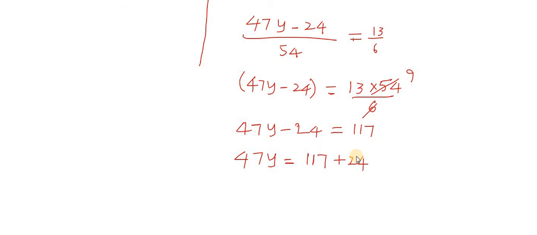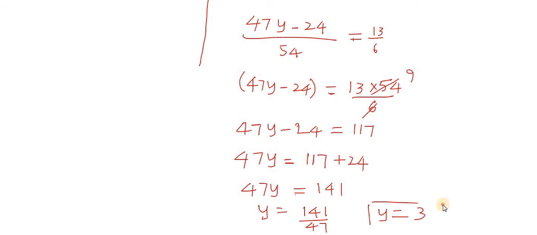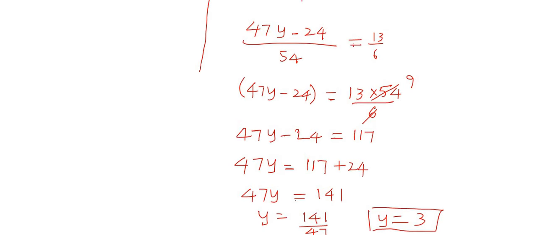So 117 plus 24, what will we get? 47y, which is equals to 141. Therefore y is equals to 141 divided by 47, which is nothing but 3. 47 ones are 47, 47 threes are 141. Now we got the y value.